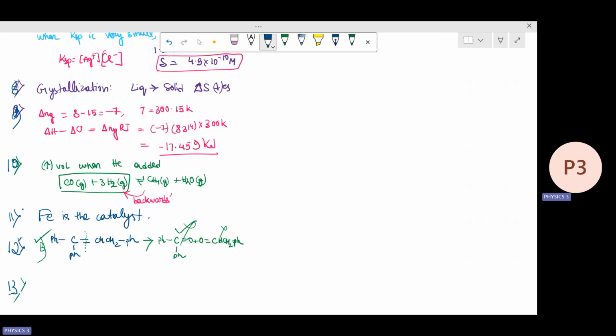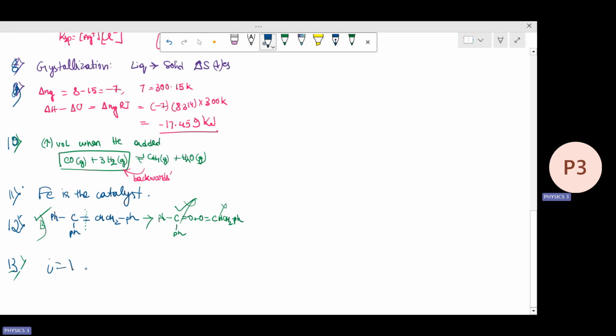Now question number 13 is about which aqueous solution will freeze at the higher temperature. We know i equals 1 for glucose. As i equals 1 for glucose, we can say that delta Tf is nothing but Tf initial minus Tf final. The one who will have the lowest i will give me the highest Tf final.